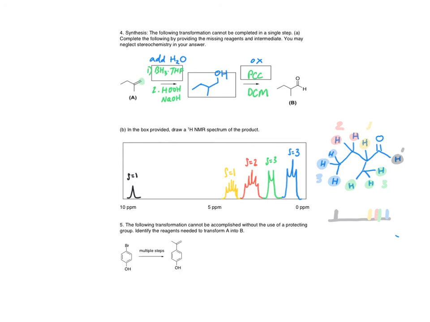But what we know is that if we want to make the Grignard of this molecule in the presence of an alcohol, that won't work, that the alcohol will react with the Grignard reagent.